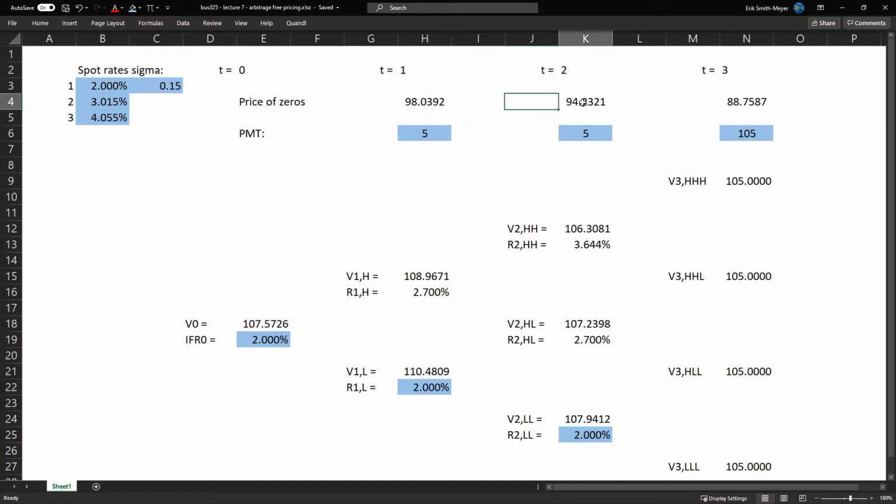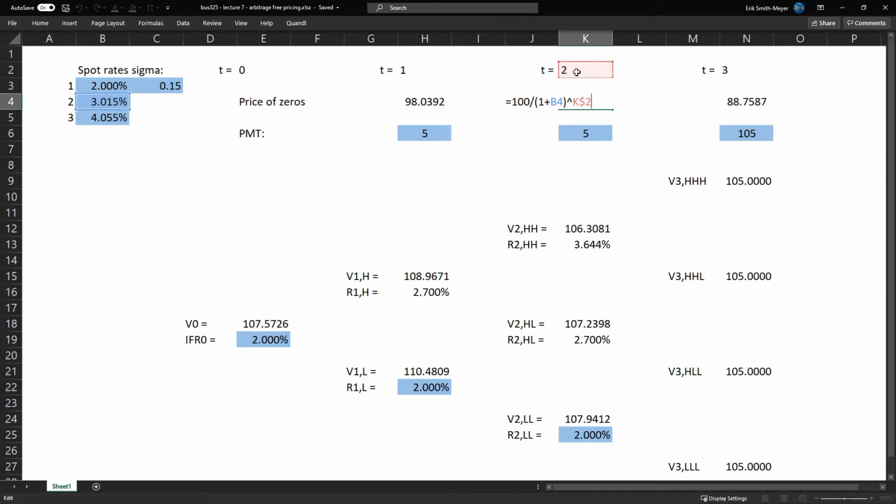And we also have the 2-year spot rate. That would use the 2-year bond, I would say, discounted using the 2-year spot rate to the second power.